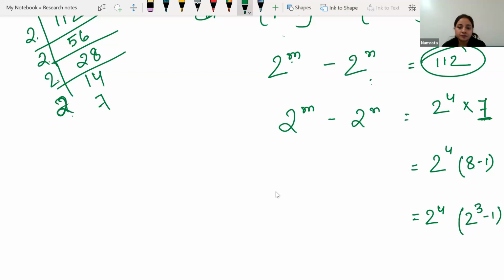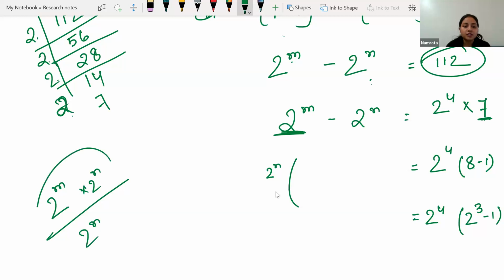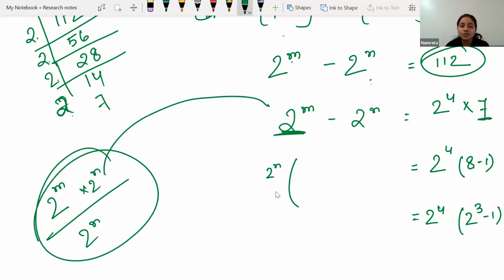So here, we will take 2 to the power n common. If you are confused about how we have 2 to the power n as common, we are just thinking like this: 2 to the power m into 2 to the power n by 2 to the power n, this is what we are thinking about the first term, and we are taking 2 to the power n common, so we are left with 2 to the power m by 2 to the power n, minus 1.